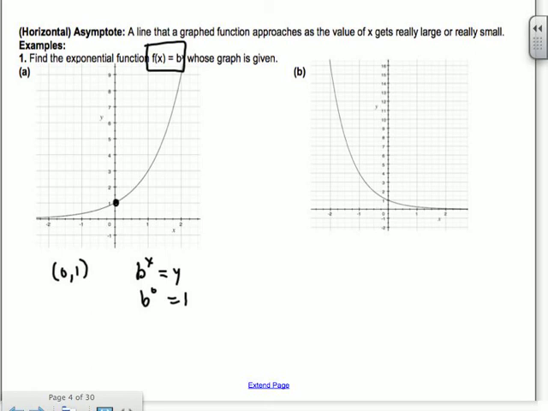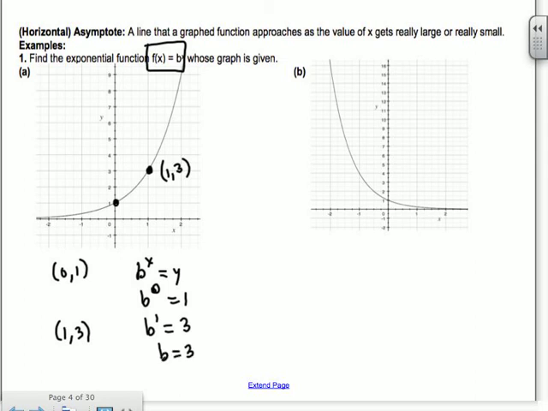Yes. Okay, let's use another point. Let's say I have this point right here. That looks like 1, 3. So if I plug in 1 for x, I should get 3 for y. So that means I have b to the 1 equals 3. That solves for b. So what's b? 3.